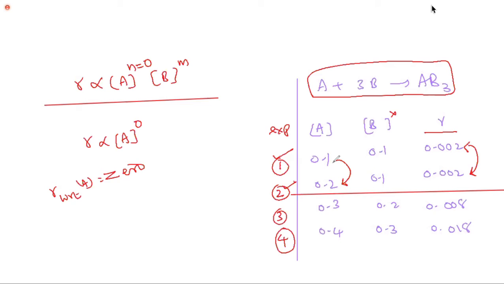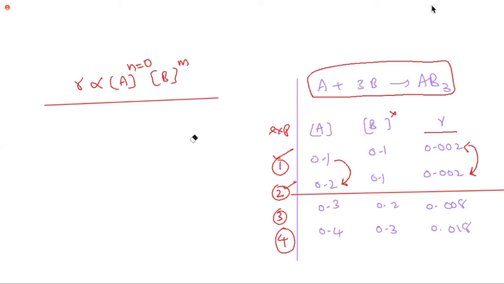When the concentration is 0.1, the rate is 0.02. When I increase the concentration, the rate is 0.02 only. There is no increase in rate, which means the increase in concentration of A does not affect the rate of the reaction. Now, with respect to A, it is order 0.